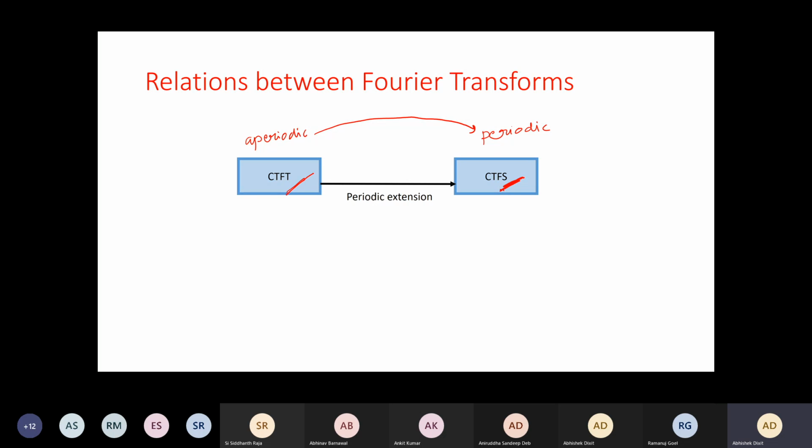Now, if you convert this aperiodic signal into a periodic signal, we go into the domain of CTFS. This strategy is known as periodic extension. By periodic extension, you convert an aperiodic signal into a periodic signal. Understood?